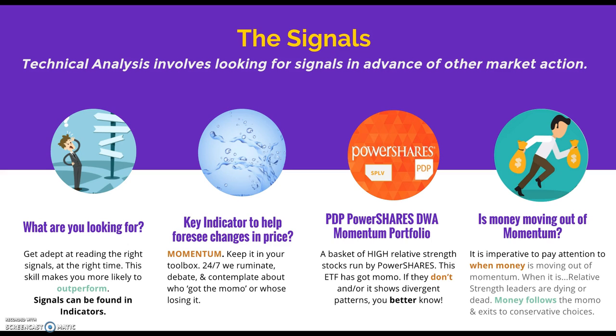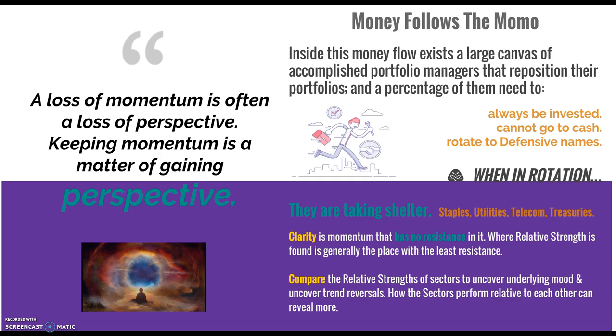So if they don't, or it shows divergent patterns, you better know, and I'm not joking, you better know. Is money moving out of momentum? You got to pay attention when money is moving out of momentum. When it is, relative strength leaders are dying or they're dead. Quite frankly, money's going to follow the Momo, and it exits to conservative choices.